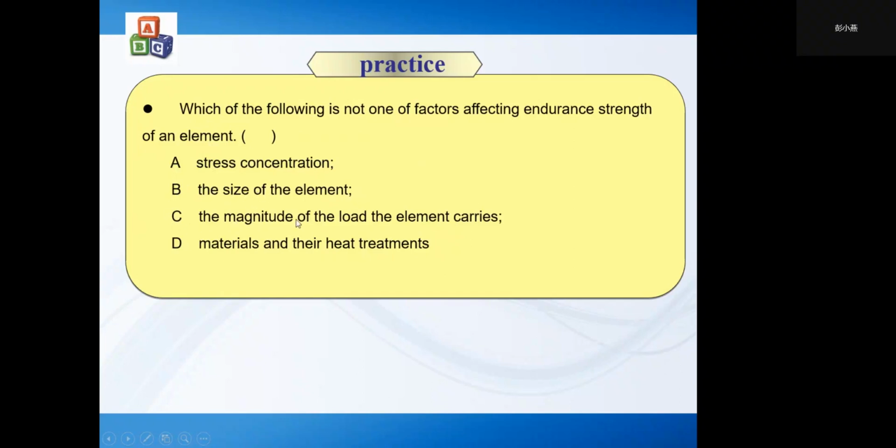C. The magnitude of the load the element carries. D. Materials and their heat treatment. So we choose which one? Which is not a factor affecting the endurance strength of an element?